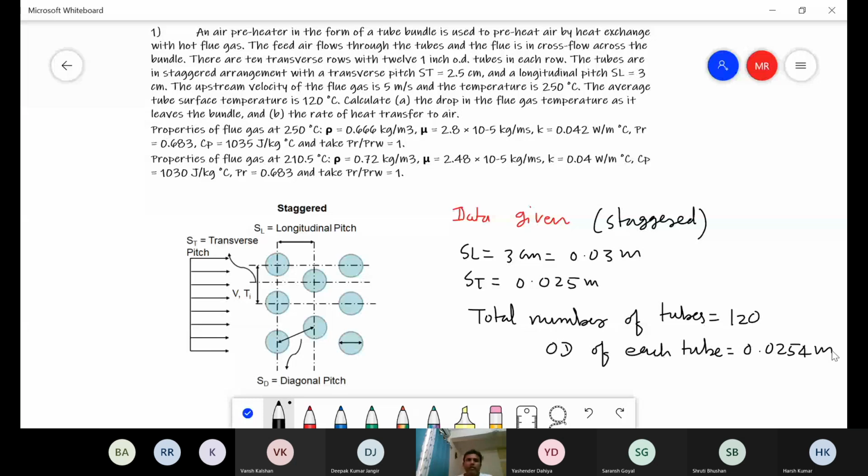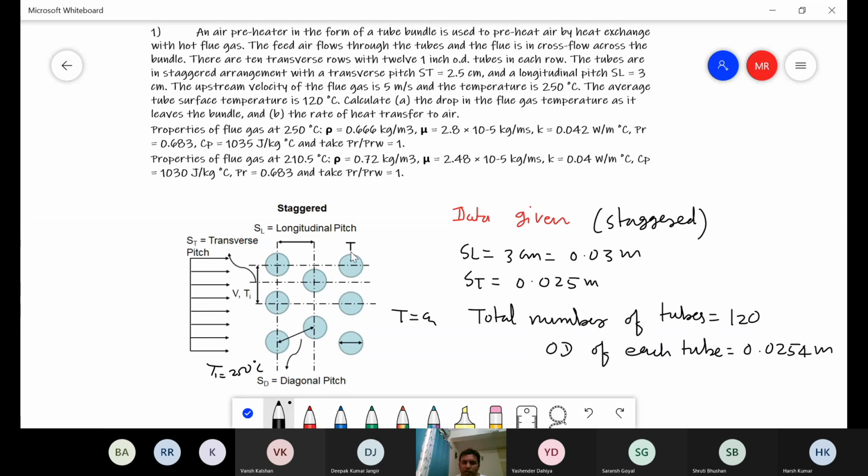Correct. Again, the temperature here at this end is given, so I will write it down. Let's say this is T1. T1 is 250 is given here. What the temperature is here is unknown, and the temperature inside each of these tubes, let's say, is T naught.